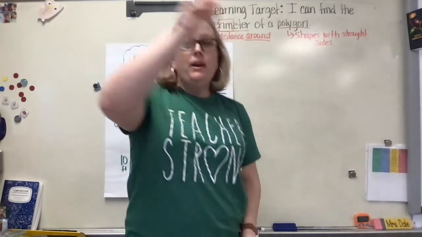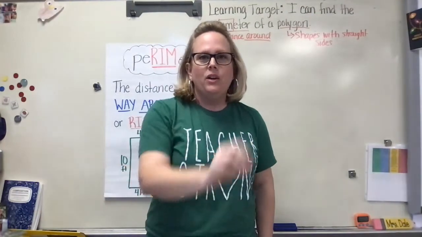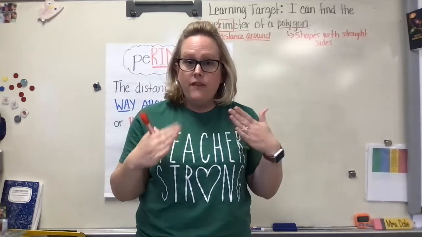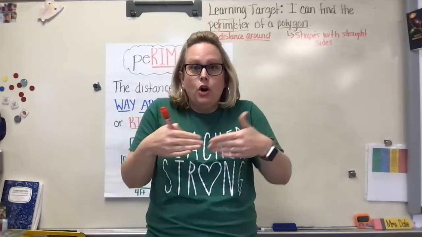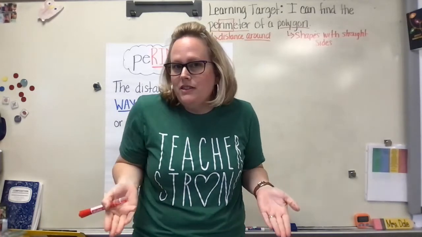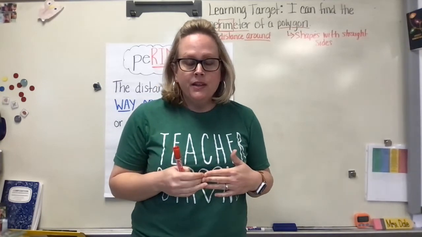Not just part of the way, not just around a little bit of the way, all the way around. So we come back and we cover all of the sides. You can think about a perimeter as a fence. A fence goes around a space, and usually, show me a thumbs up if you have a dog or a puppy or some sort of pet that might be outside.